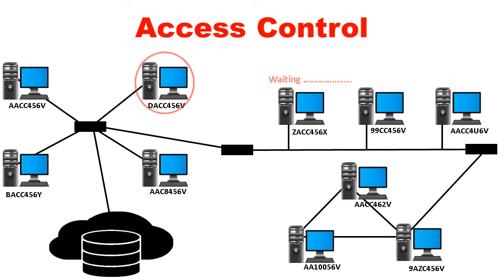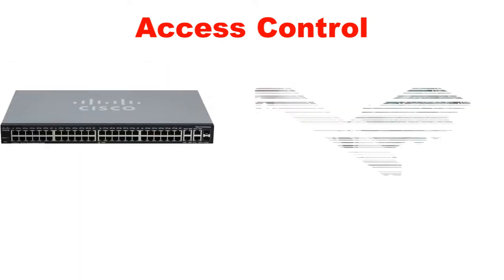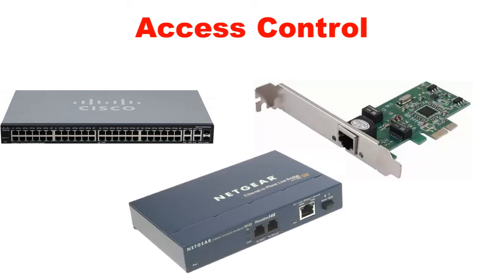That is, when one device has control over the channel, another device has to wait till its turn comes. In this way, access control is one of the vital operations processed by the data link layer. Some of the networking devices which work on the data link layer of the OSI model are switch, NIC and bridge.